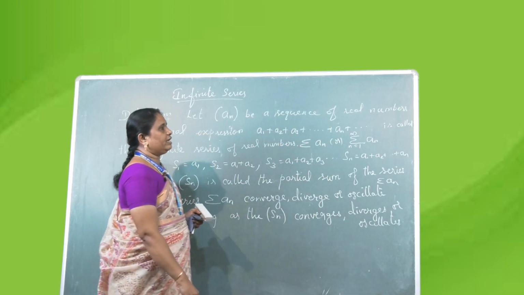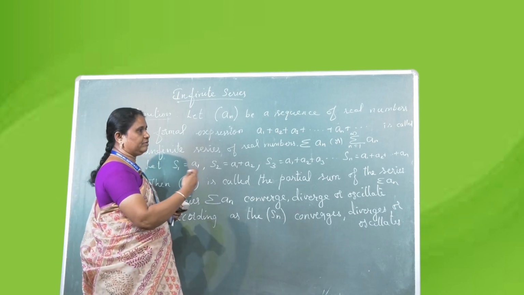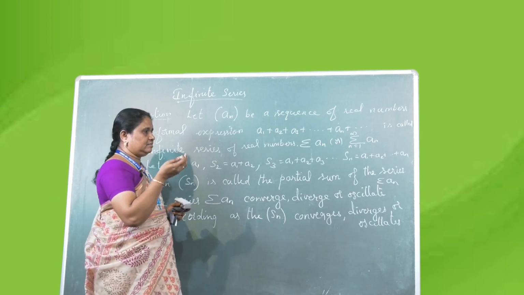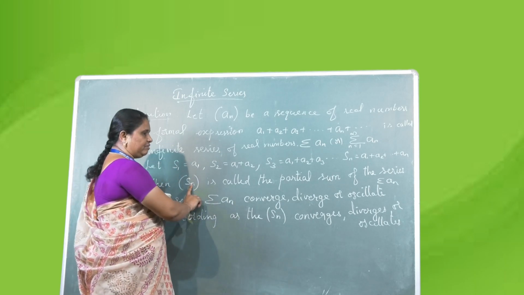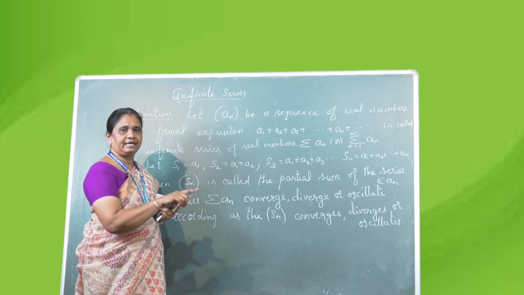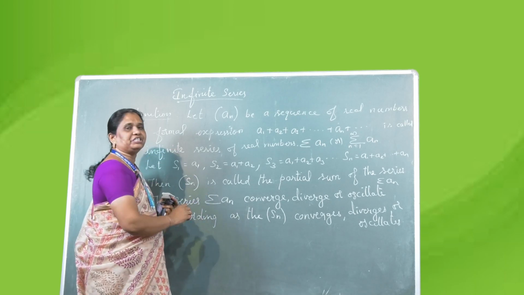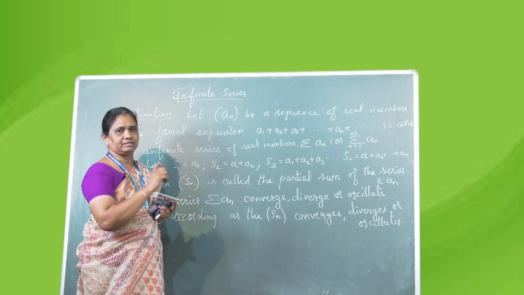So if you are given a series of numbers, then we have to check whether the partial sum of that series is converging, diverging or oscillating, and the series summation an converges, diverges or oscillates accordingly.